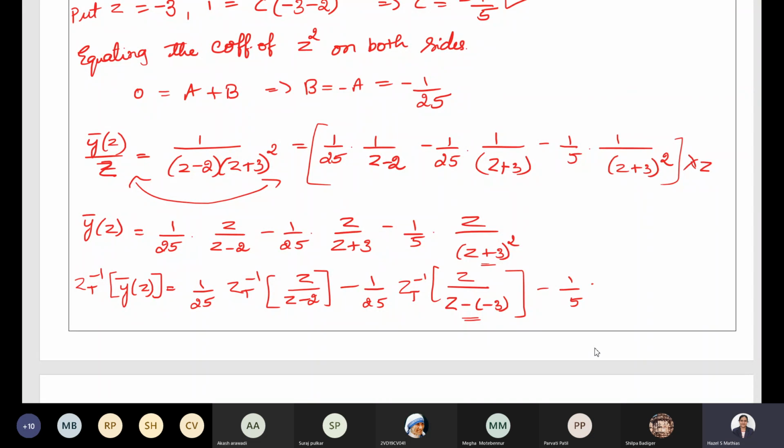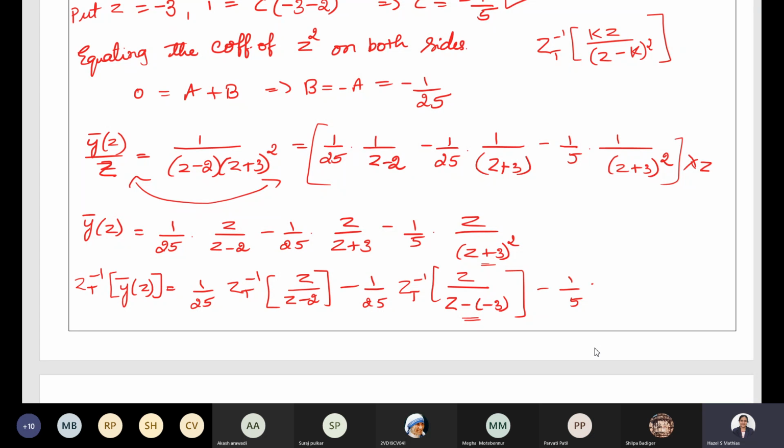Tell me this term. Z plus 3 whole square is there. We have the formula for inverse Z transform of Kz divided by Z minus K the whole square. Is it correct? Anybody remember this?